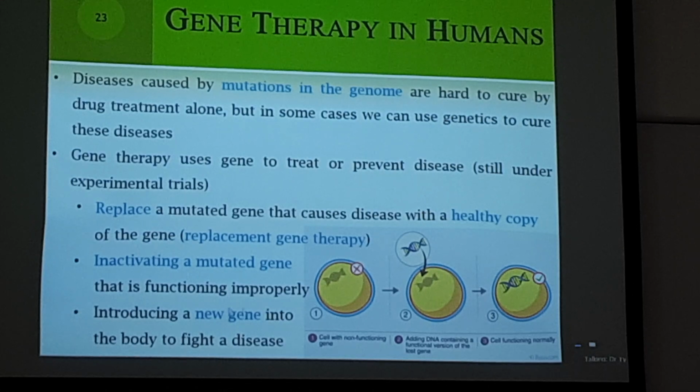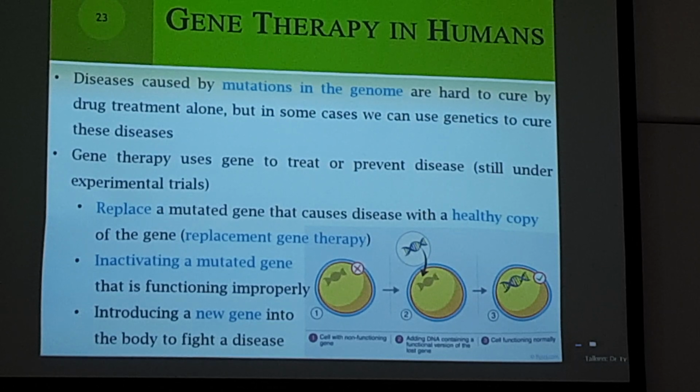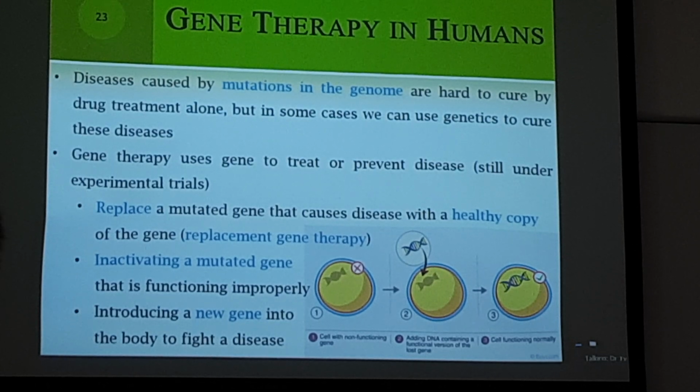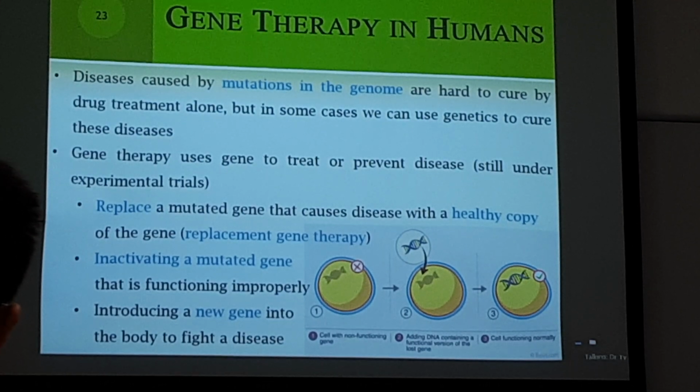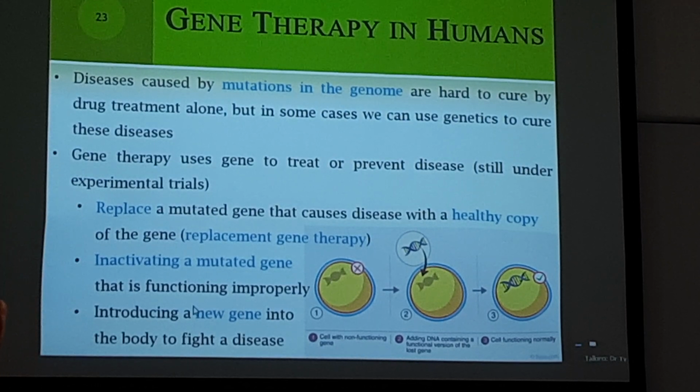Or if there is a gene mutated, you want to turn it off. You are not replacing it with a copy, but just inactivating it so that it won't express itself to produce some protein that causes the disease. Or you can introduce a new gene. Maybe sometimes the gene is not mutated, but missing altogether.